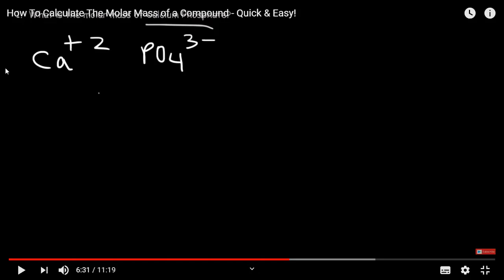If you know that calcium is divalent, phosphate group trivalent, and the symbol of calcium is Ca. Also, the symbol of phosphate group is PO4. So what is the chemical formula of calcium phosphate?